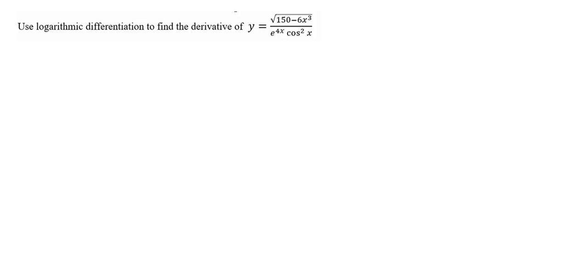So here's the process. First, we want to take the natural log of both sides of the equation. Then we're going to use our log laws to rewrite it so we have individual terms, and then take the derivative of that.